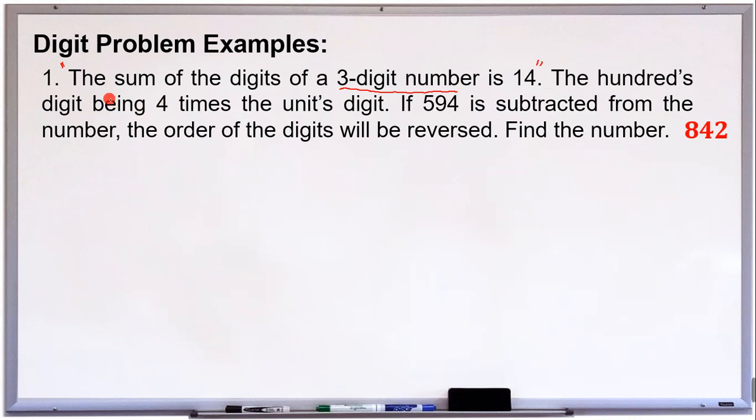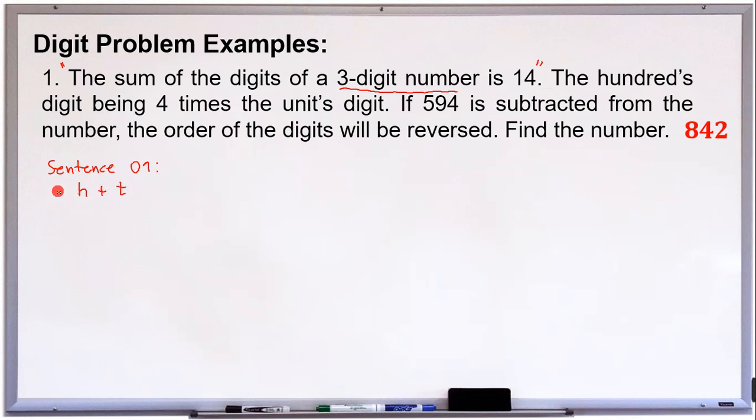The first sentence states that the sum of the digits of a three-digit number is 14. So simply, we're going to add the three digits. The hundreds digit is represented by H. Then we add the tens digit.